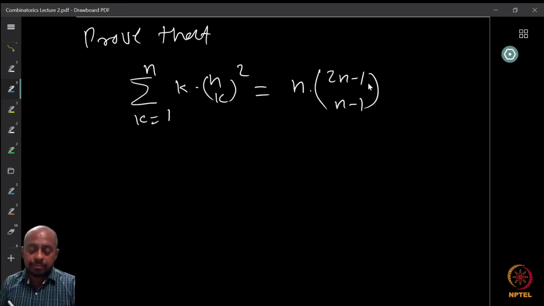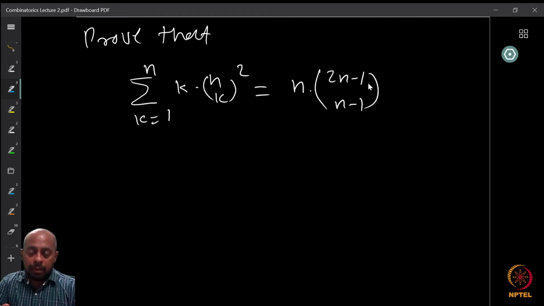Here it is. What is on the right hand side? I have n and 2n minus 1 choose n minus 1. I can immediately see that 2n minus 1 choose n minus 1 is choosing n minus 1 members from a 2n minus 1 element set, so basically forming an n minus 1 element subset of a 2n minus 1 element set.